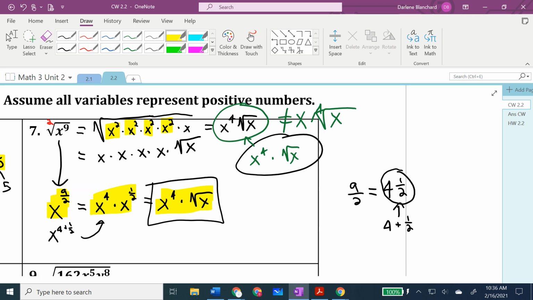So I need to make sure I'm clear to you what kind of form I want your answer to be written in. This would be considered simplified square root form.